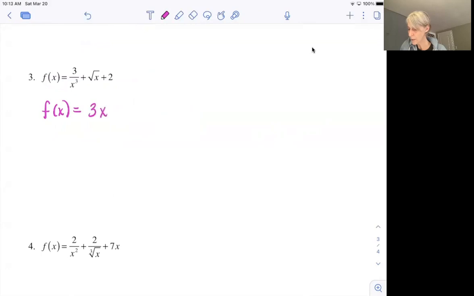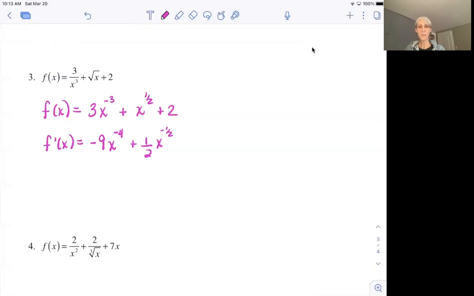3x to the -3 x 1/2 plus 2. So f prime of x is going to equal -3 times 3, -9, x to the -4, 1/2, x to the 1/2 minus 1, -1/2, and 2 just becomes a 0.